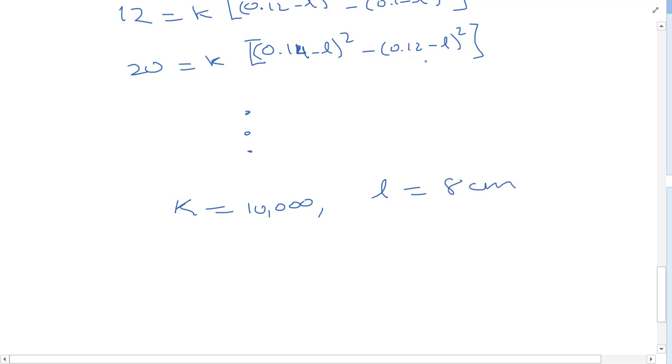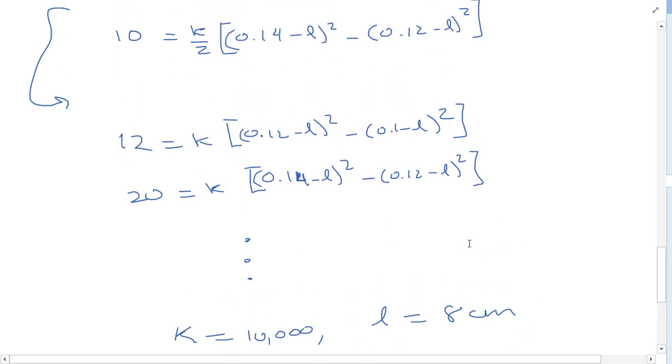So you're going to get it in terms of meters here, but you can convert it back to centimeters. So the natural length is 8 centimeters, and you'll be done.